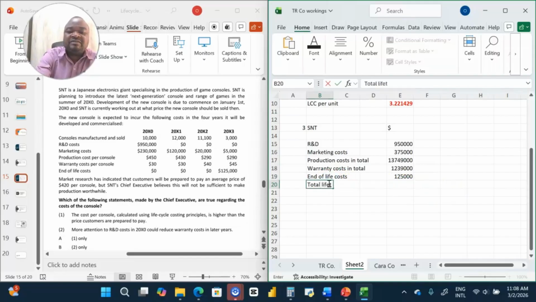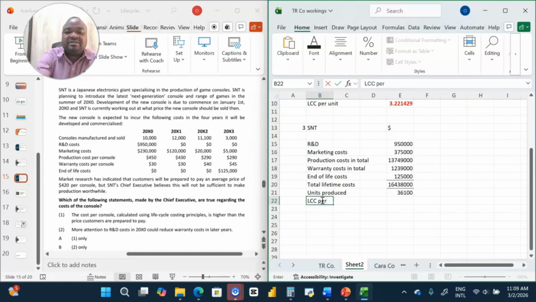Total lifetime costs equals the sum of the totals. Then you have to say units produced equals 10,000 plus 12,000 plus 11,100 plus 3,000.